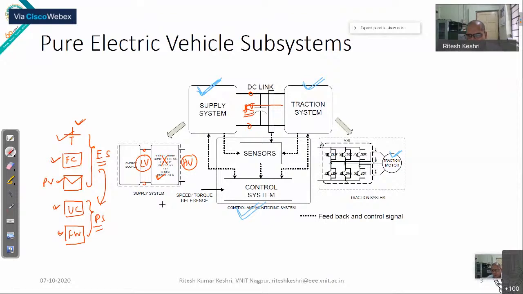And what would be the bypassing? Maybe you don't want to recover that energy, rather you want to dissipate it, like dynamic braking. Why do you want to dissipate it? There's a possibility that you are running your vehicle with a fuel cell, where you cannot submit the energy back.